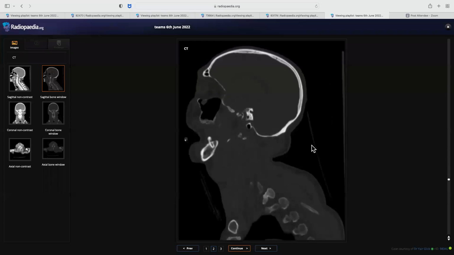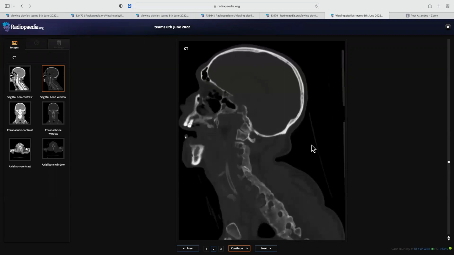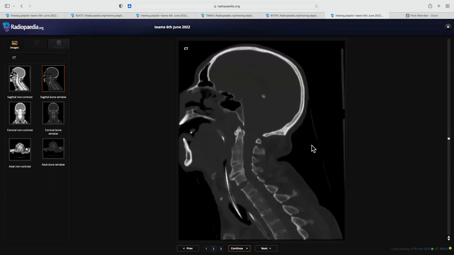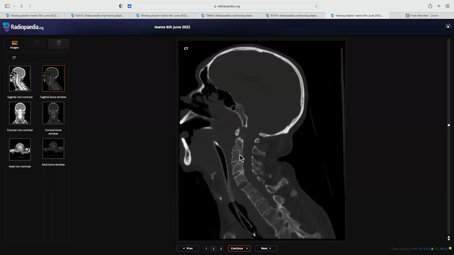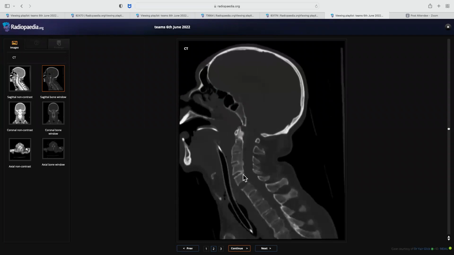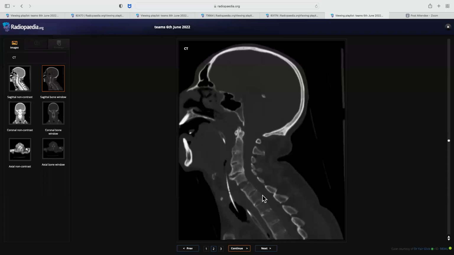Sagittal CT at the bone window of the patient, where I can see an acute finding of separation between the L5 and L6 vertebra. I can see the ankylosis of the vertebrae and the syndesmophytes.